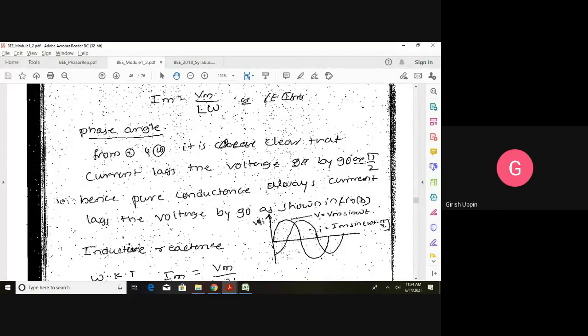The current is maximum when the voltage is 0, and the current becomes 0 when the voltage is at negative peak. So you have to draw the diagram neatly. When the voltage is maximum, the current is 0. When the voltage is 0, the current is maximum, and so on. This current is I is equal to Im sin omega t minus pi by 2.